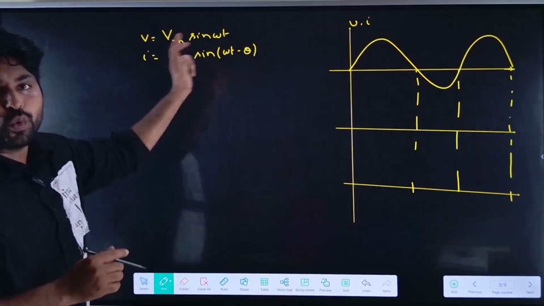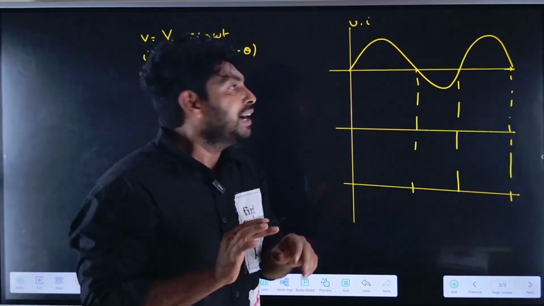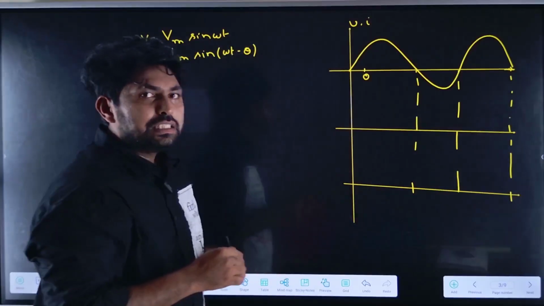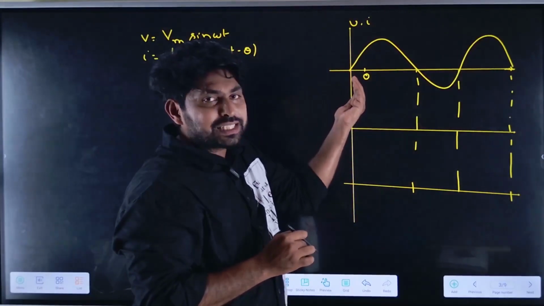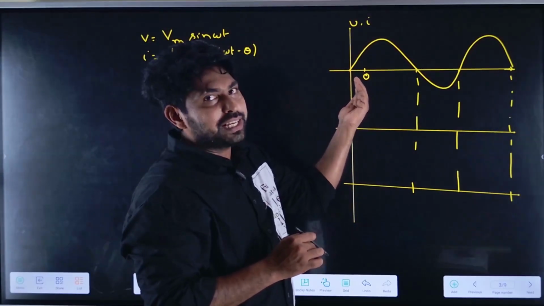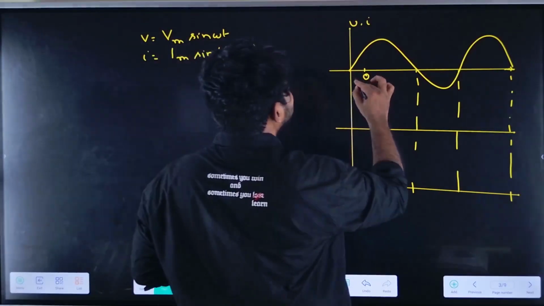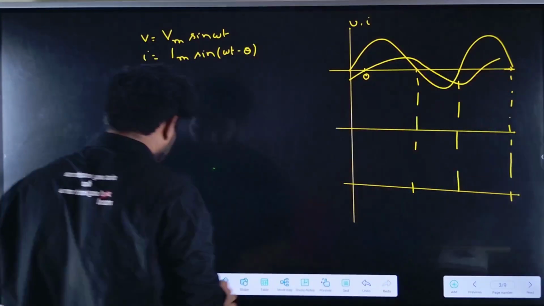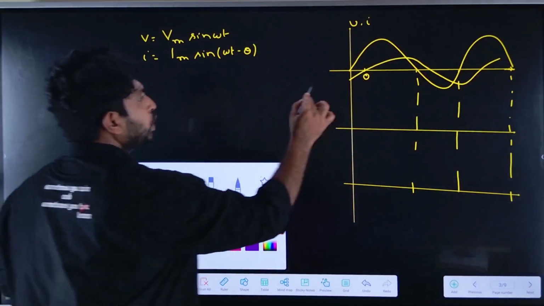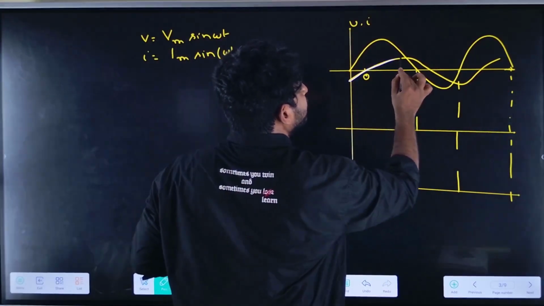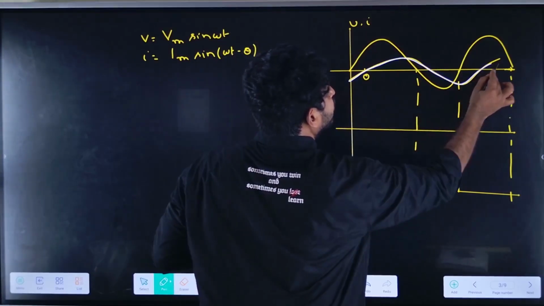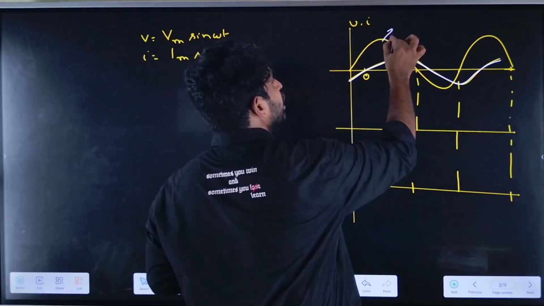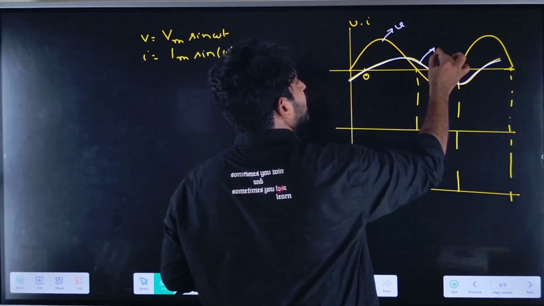Current lags voltage by an angle θ. Let me mark θ here. Lagging means after the voltage, the current starts at an angle θ. Let me represent the current with another color. Yellow is the voltage, and white is the current.